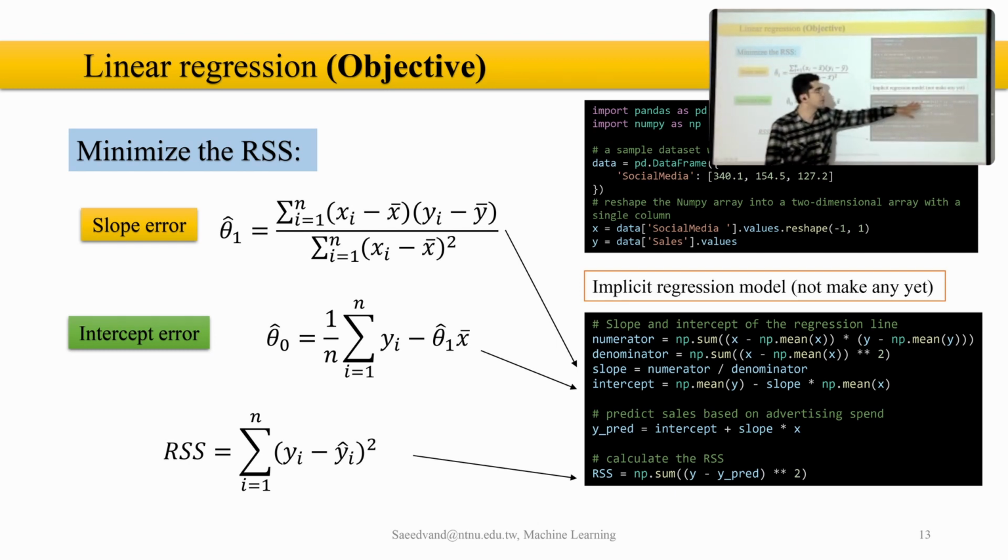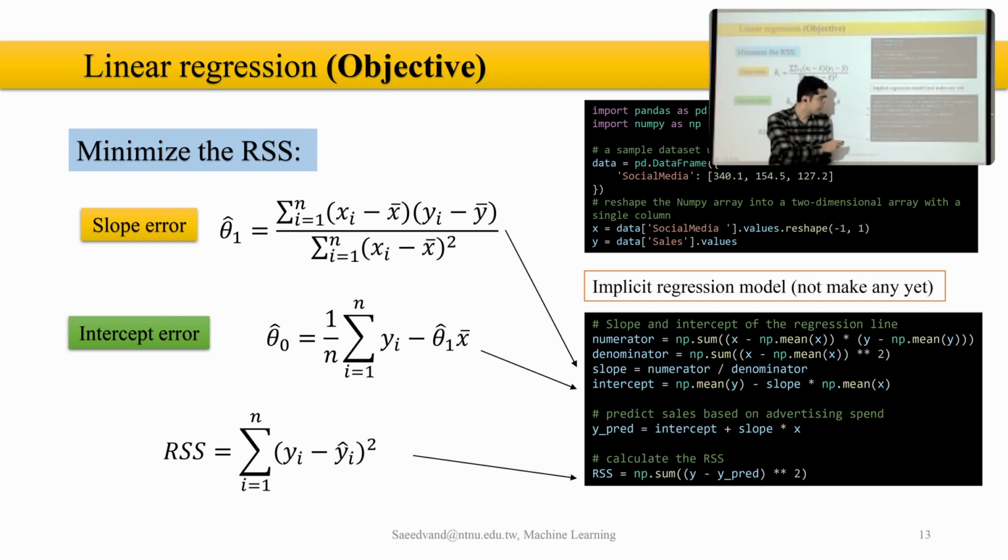If you look at the equation, it is exactly what is happening over here. Then for calculating the slope, which we call theta hat 1, it is a simple division. And for the intercept, we get the mean of the y and subtract the slope times the mean of the x's, so that it gives me the intercept.